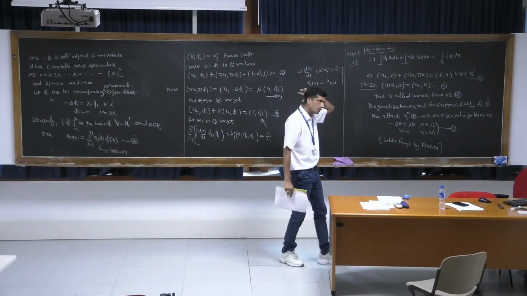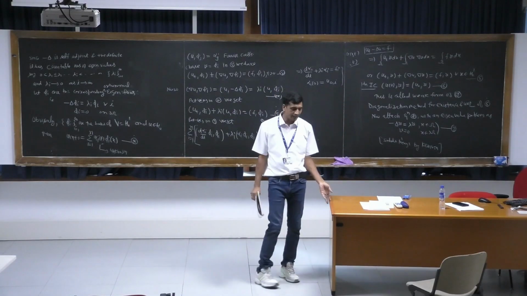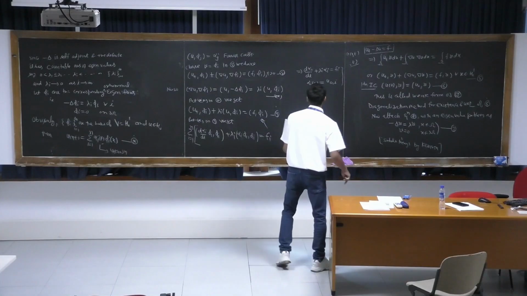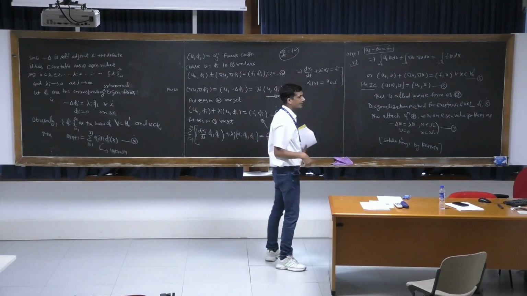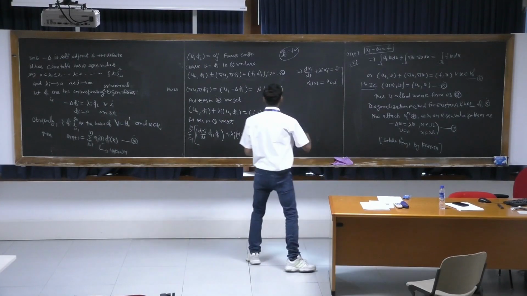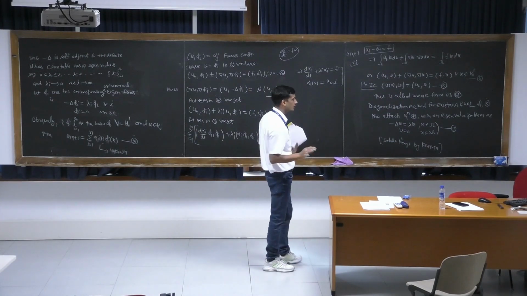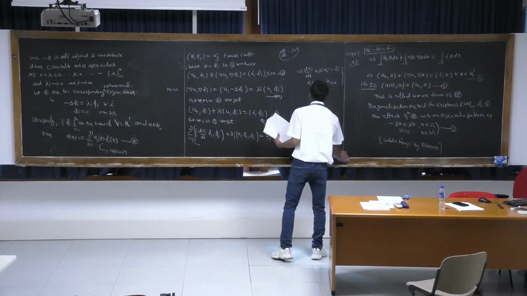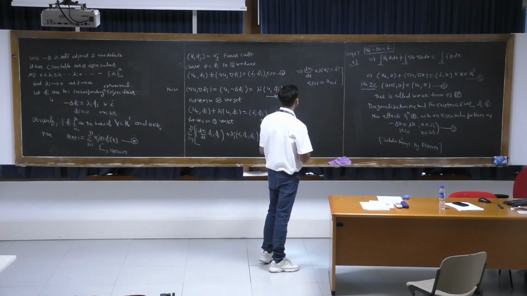Picard's theorem says that if we have a problem du by dt is equal to f, and f is continuous, bounded and satisfies the Lipschitz condition, then this problem has a solution, and that solution is unique locally. So I will apply it here.